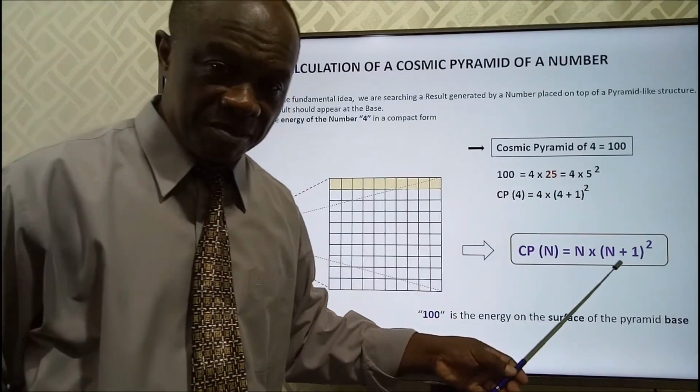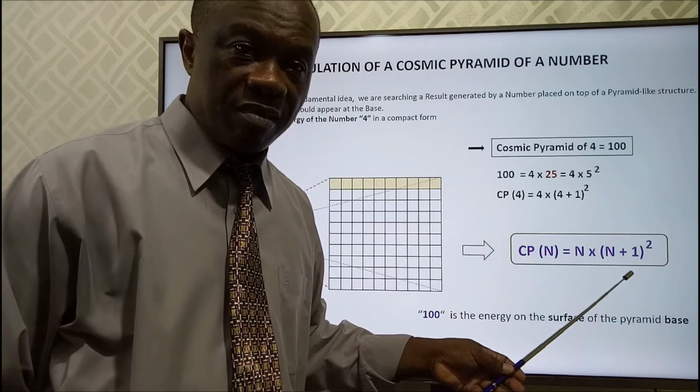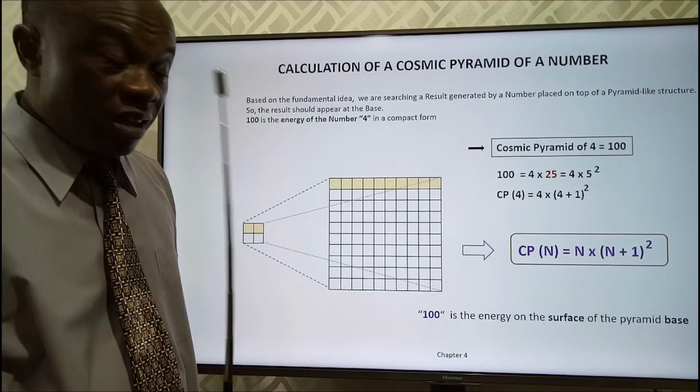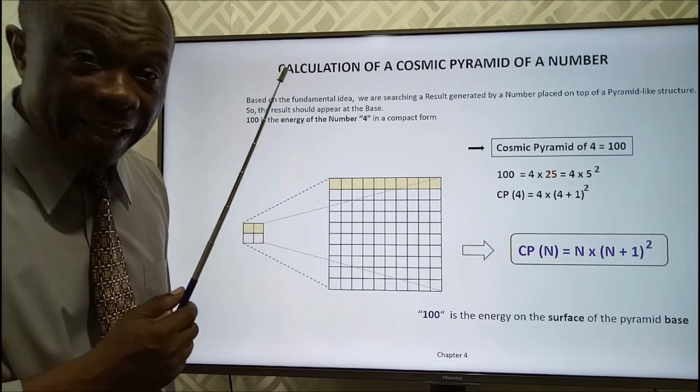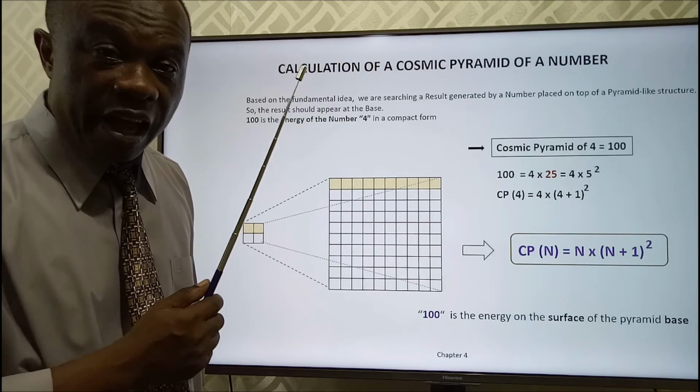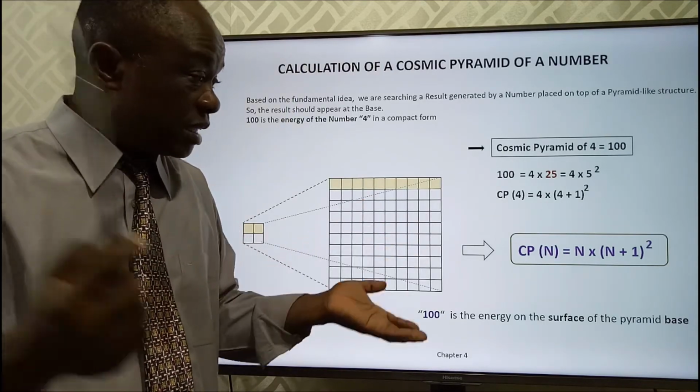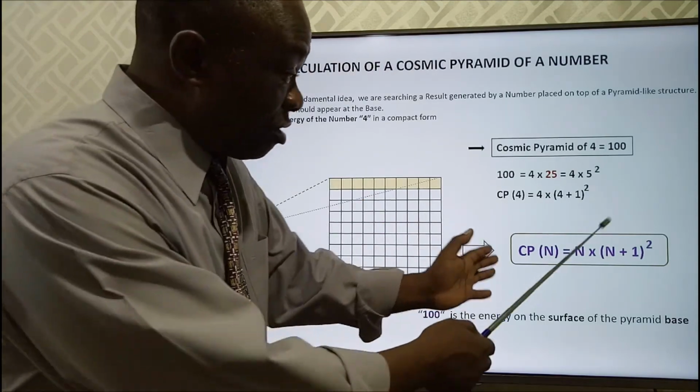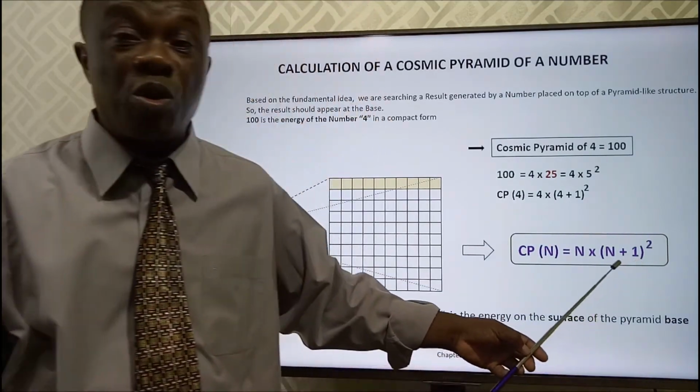This is the origin. So Einstein was so right. I don't know how he realized it, but here it tells us that this is the origin.